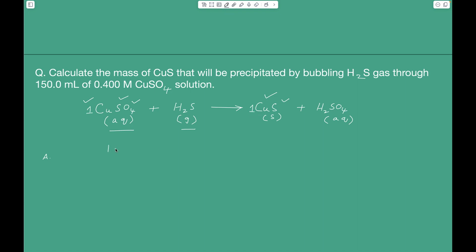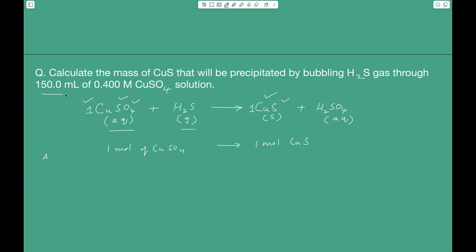That means 1 mole of copper sulfate produces 1 mole of copper sulfide. But here the reaction is not between solid copper sulfate and H2S. Here the reaction is taking place between an aqueous solution of copper sulfate and H2S.